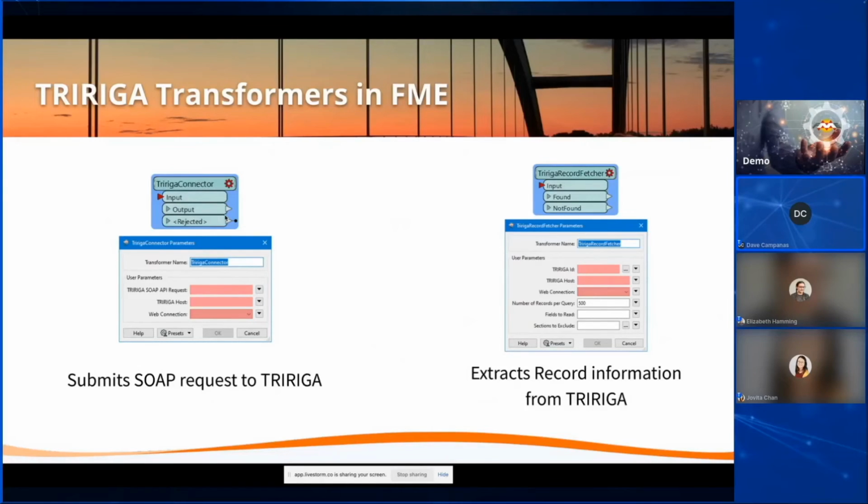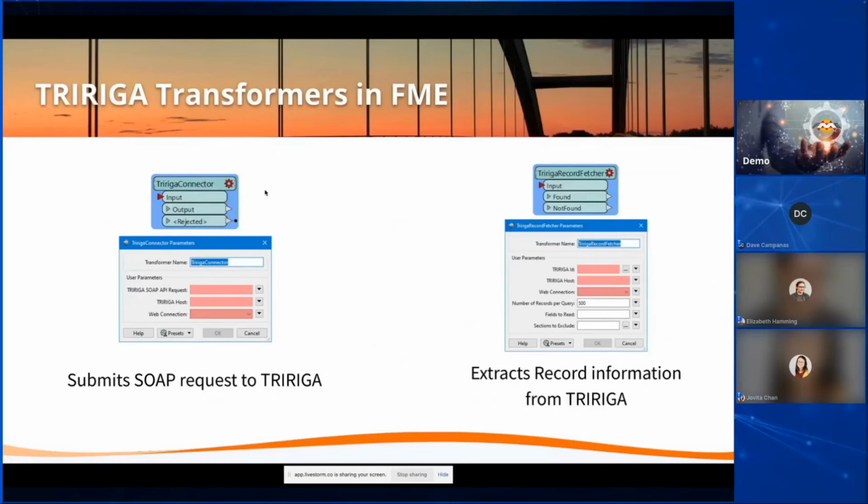The SOAP API is built in, and the authentication is generally simple. A lot of times basic authentication will work, but it depends on how Tririga is being set up. You can use one of the FME built-in web connection authentications to connect to that. The one thing you will need is a login from the Tririga administrator to access the database.